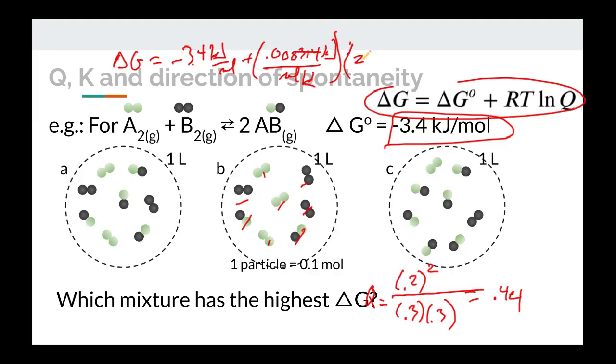Let's assume that it's 298 kelvins, kind of room temperature, times the natural log of what we just calculated to be Q, which is 0.44. And if you work this out, you get negative 5.4 kilojoules. So this reaction is spontaneous in the forward direction, which makes sense because Q is 0.44, which is less than 4, which was our value for K that we calculated earlier.